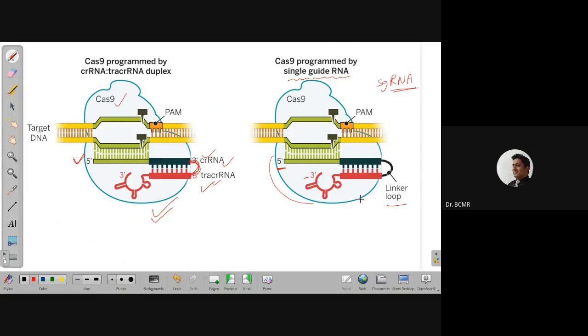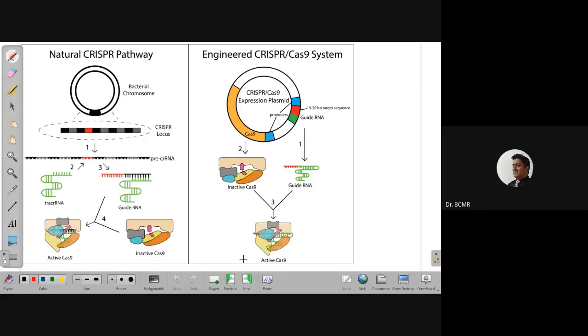And now we are down from 3 components to only 2 components, right? We need Cas9 and we need a single guide RNA molecule. So it becomes much easier, or simpler, if you want to do it. All we need to do now is, this is the engineered one where they made it a single guide RNA.